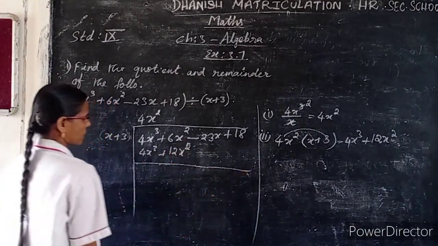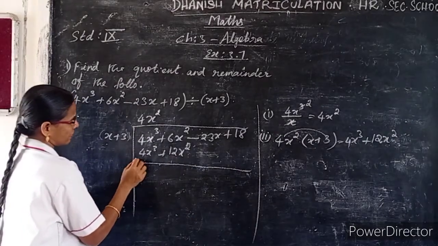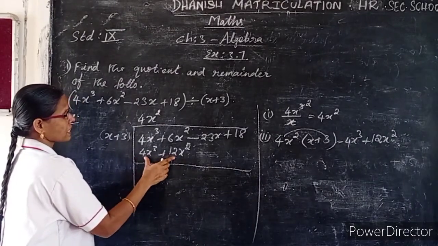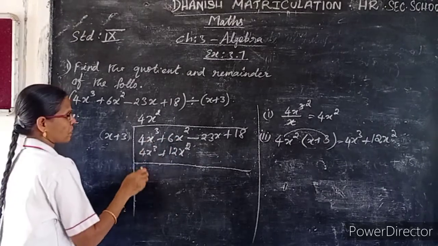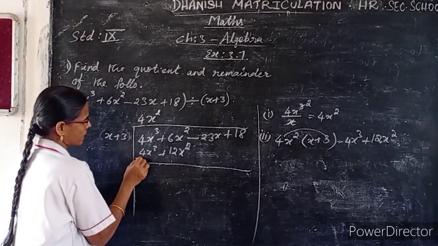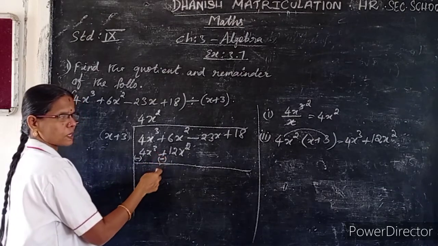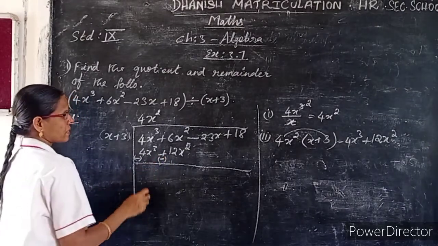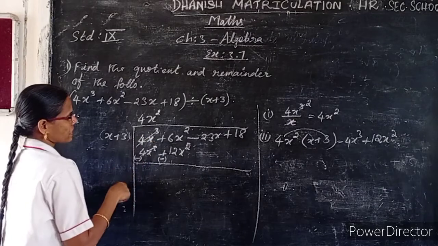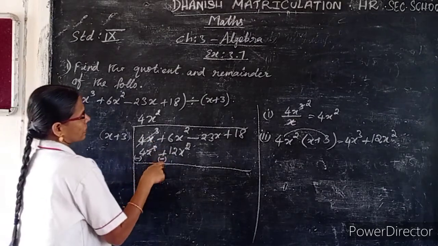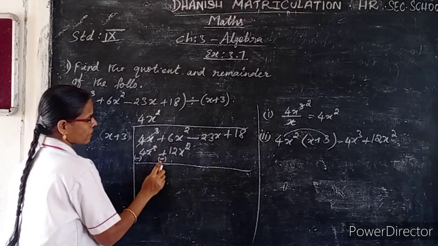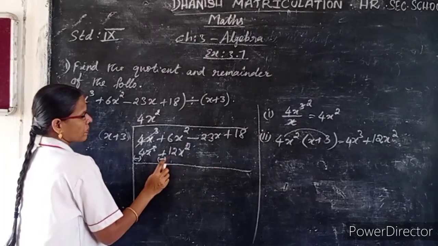Now change the sign because it is division. We should subtract this polynomial from this polynomial. So change the sign here. Minus, plus means minus, minus means we should write plus. So this first term always gets cancelled. Second, 6x square, this sign only for this term.